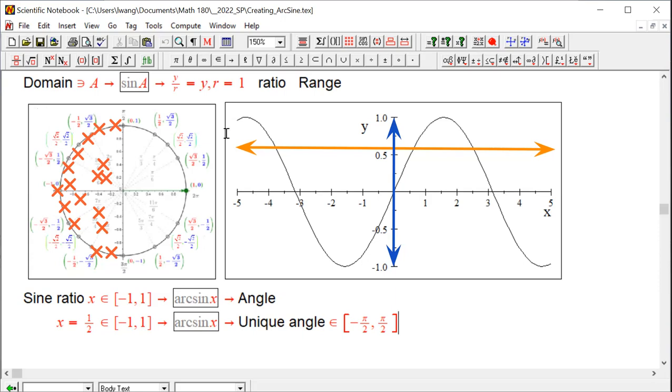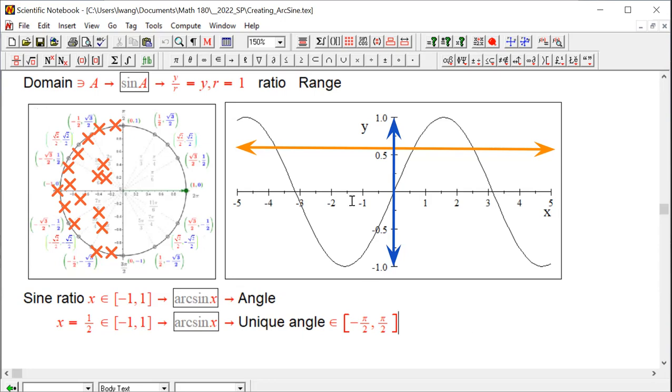So we're not missing any possible input between -1 and +1. We merely limit our output to be exactly 1 by allowing only the angles between negative pi over 2, which we measure clockwise, and pi over 2. So that is the rule for ArcSine.